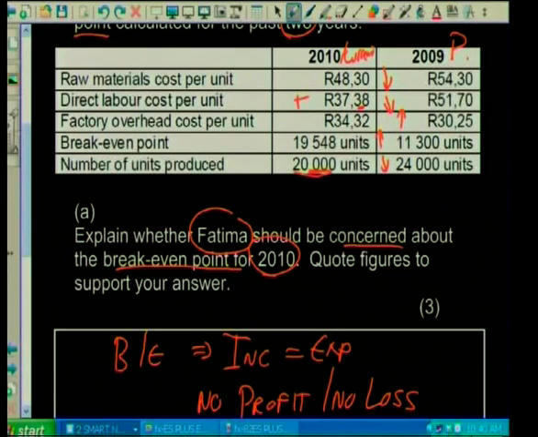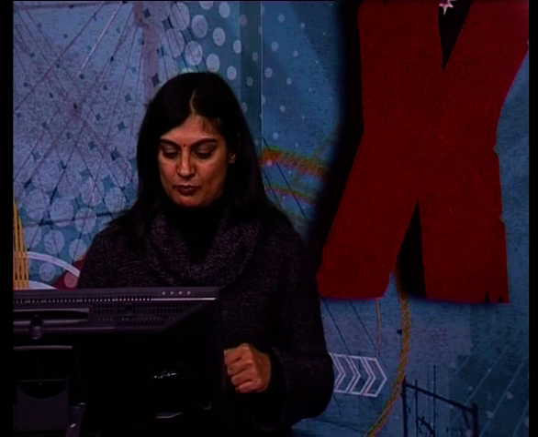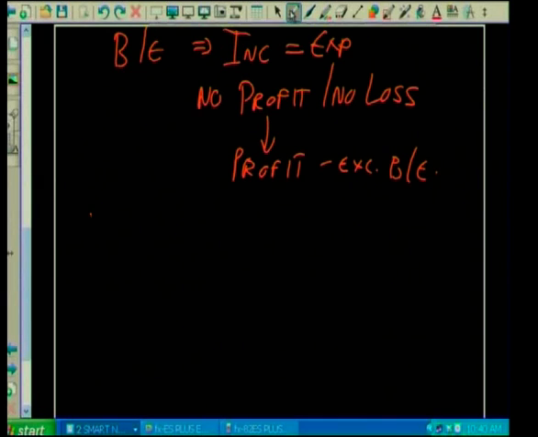So immediately ask yourself, is this above break-even? Yes, it is. Anything above break-even means that the business is obviously making a profit. So should Fatima be concerned? The answer is no, guys. She shouldn't be concerned because she's manufacturing more than the break-even point. Hence, she will be making a profit. So your answer should be no, she should not be concerned.